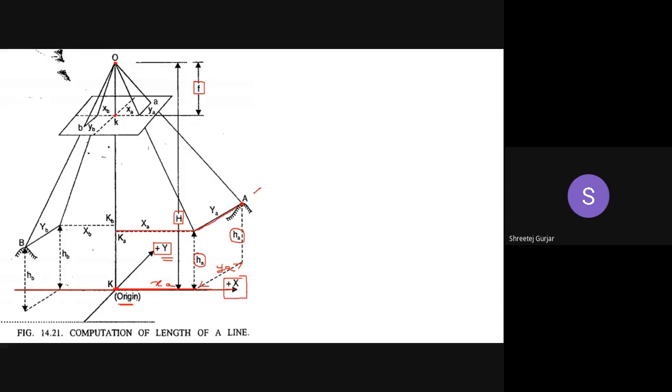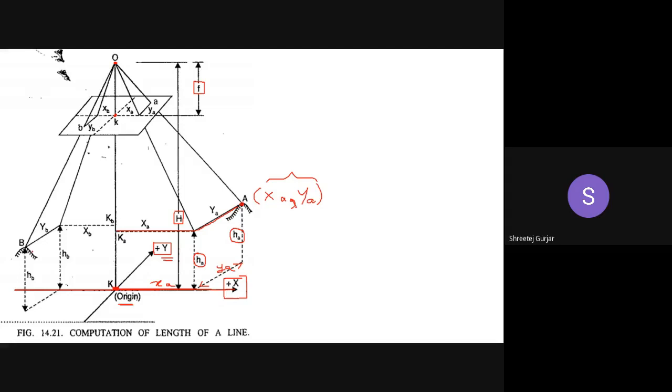That is the coordinate of this point, XA, comma YA. They are the coordinates from this K point. We have considered K as the origin, and this particular point is located at a distance XA in the X direction and YA in the Y direction.